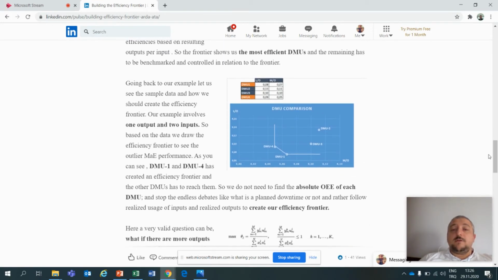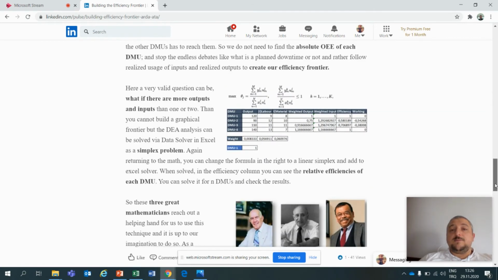Even if you do not have a clear graphical representation, because with more inputs and more outputs this chart will not help, you can still solve it as a simplex problem and see the results for yourself. It is very easy actually.